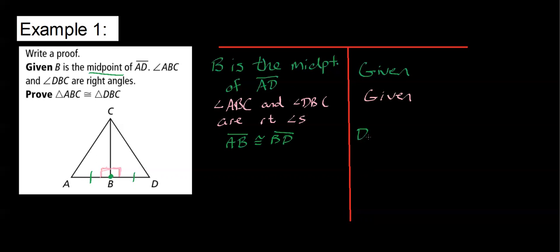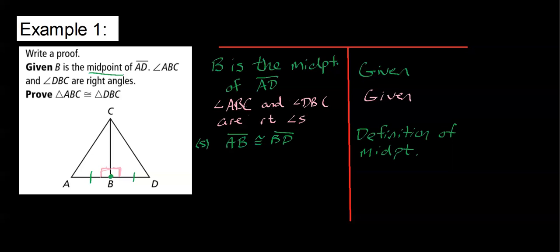Well, that's what it means to be a midpoint. So we're just going to say definition of midpoint. Okay, so that gives us one pair of congruent sides. So we're basically 1/3 of the way there. I'm just going to put a little S here for the congruent sides.